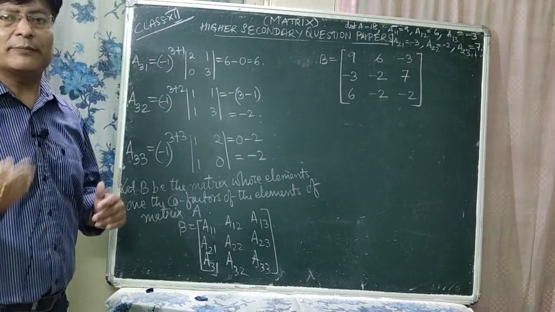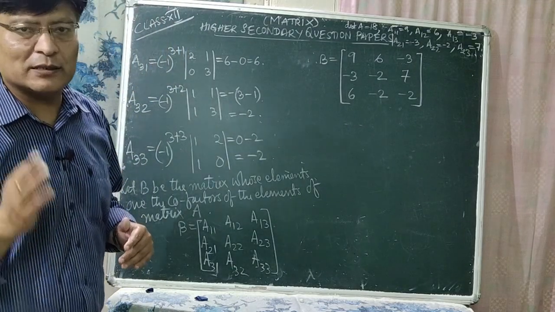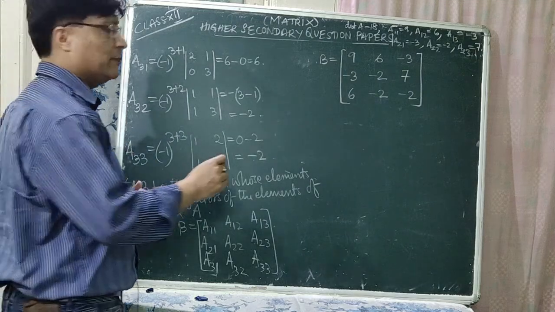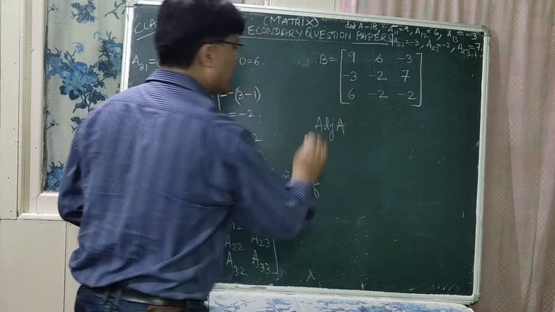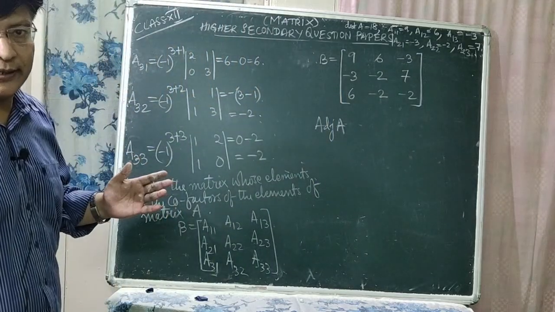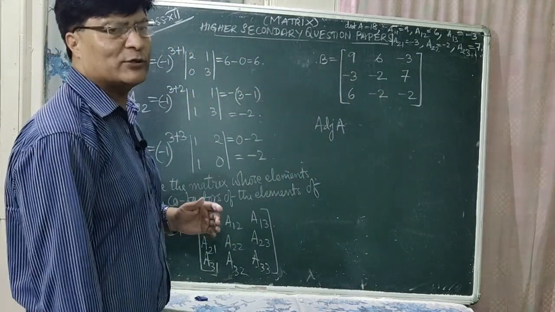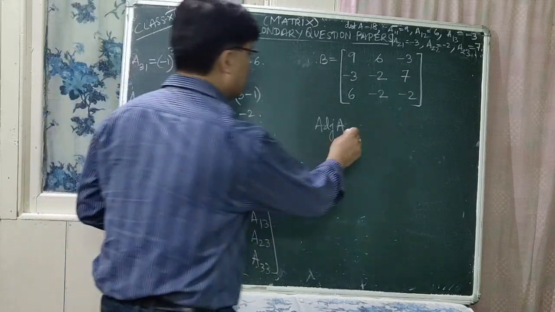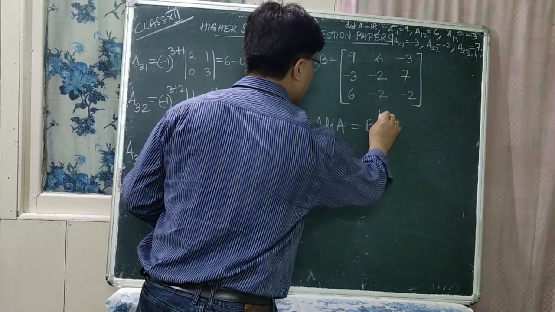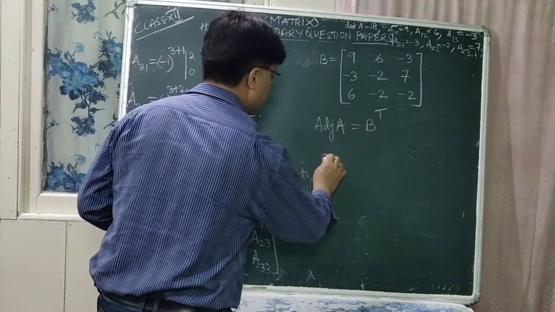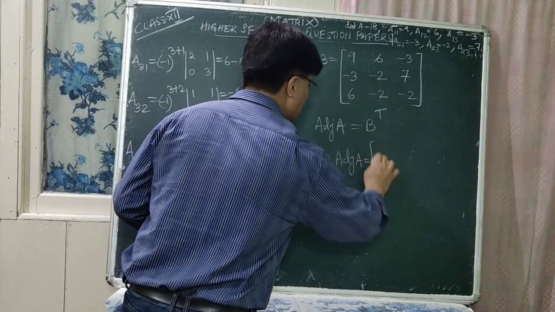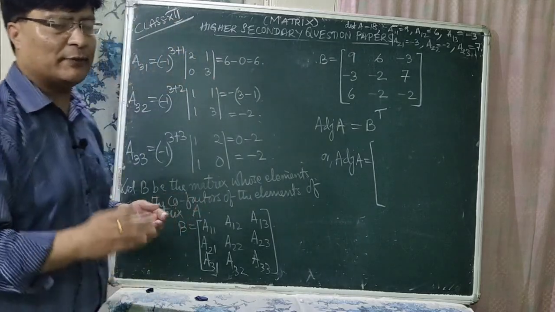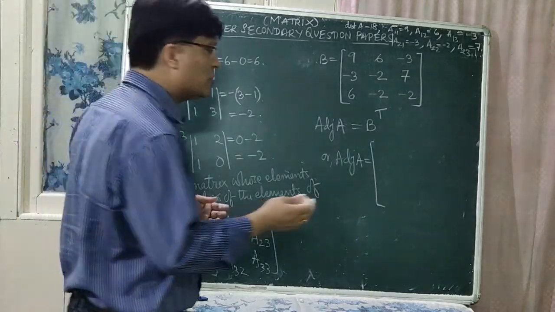Now, what is to be determined now? You have to determine the adjoint of the matrix A, that is ADJ A, also known as adjugate. I told you already, isn't it? So how can you define adjoint of A? It is the transpose of B, which is equal to B transpose, right? So ADJ A is equal to, now you can transpose this matrix B. That means change rows into columns and columns into rows.